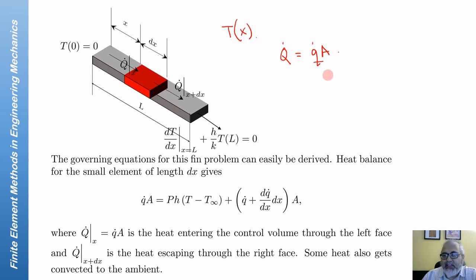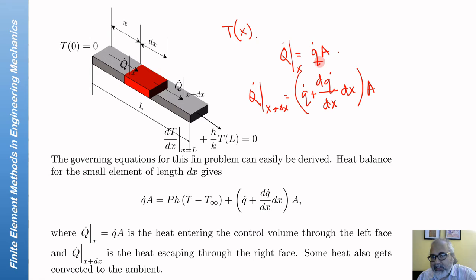On the right side, the heat is q dot plus dq dot/dx into dx, the whole times A. So this is q dot at x plus delta x, and this is q dot at x.